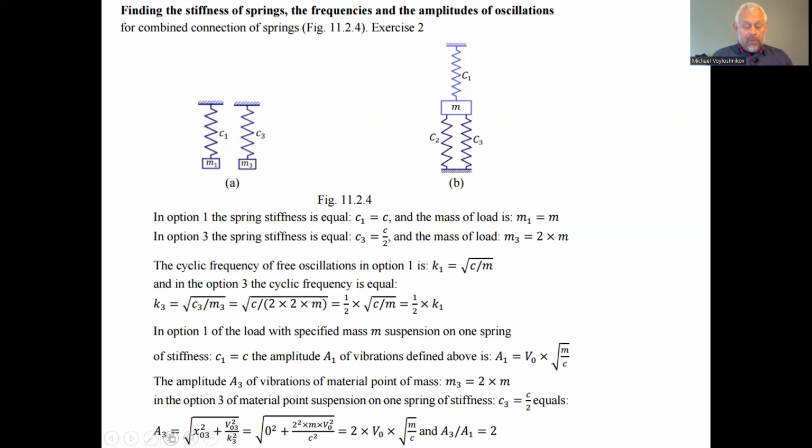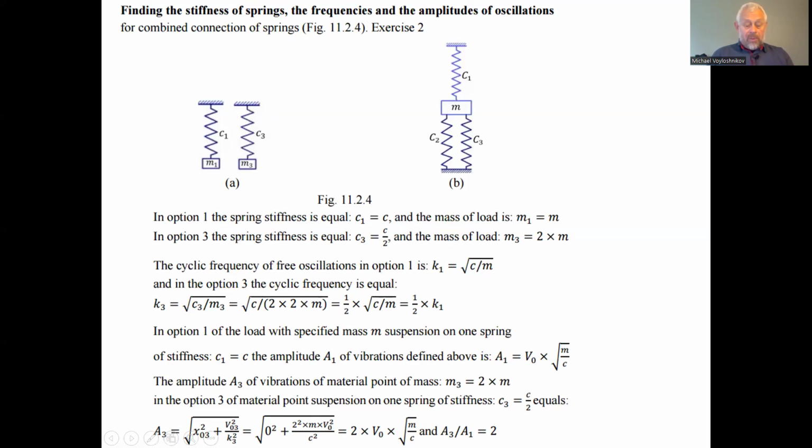the amplitude of the oscillation in case 3 with the softer spring, the stiffness characteristic of the spring is twice less, and the mass of the system is heavier in case 3, twice the mass of the suspended load than in case 1.